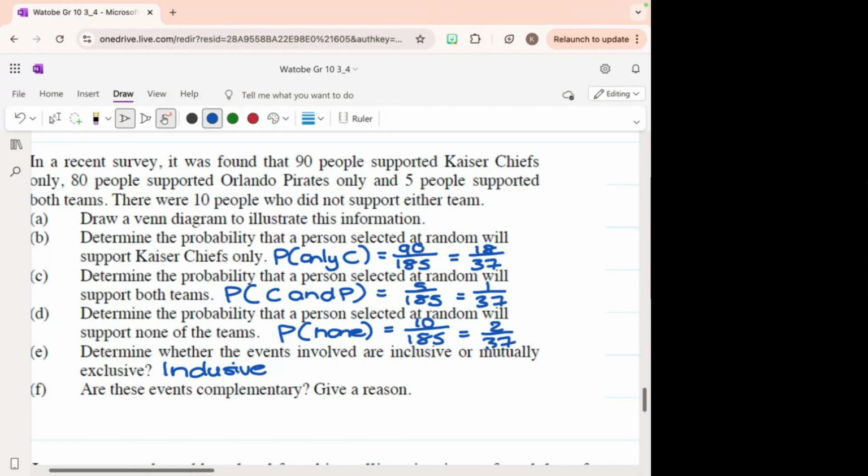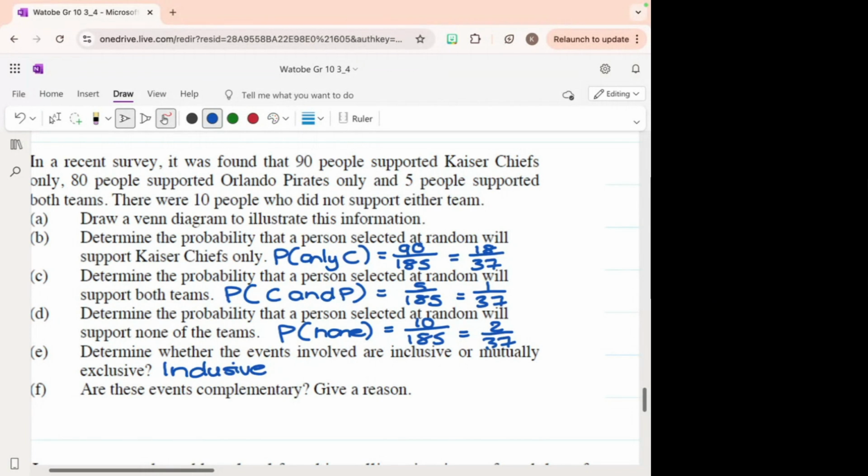Finally, are these events complementary? And give a reason. What do you guys think? Well, what does complementary mean?